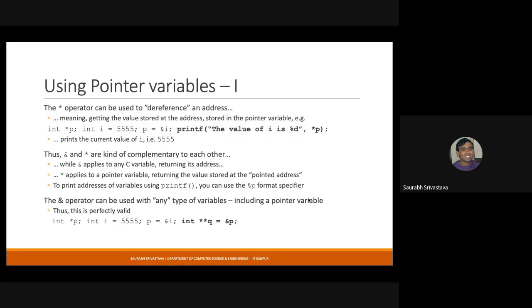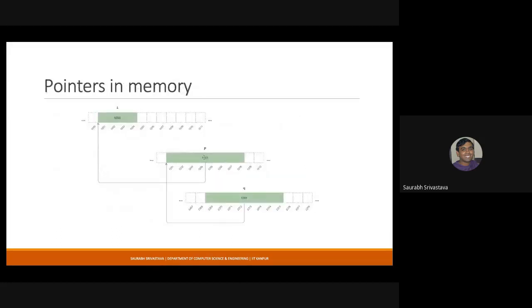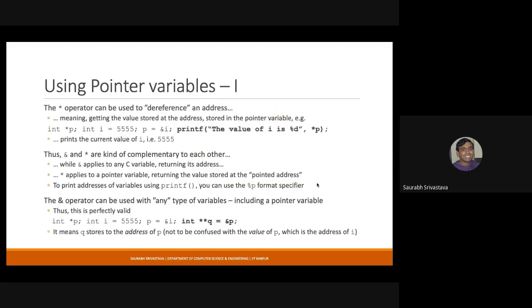You can also have pointers to pointer variables, so the redirection can be any number of times. It could be, for instance, asterisk asterisk q, which means that q is going to point to a pointer to an integer type variable. So now q can store the address of p, something like this.